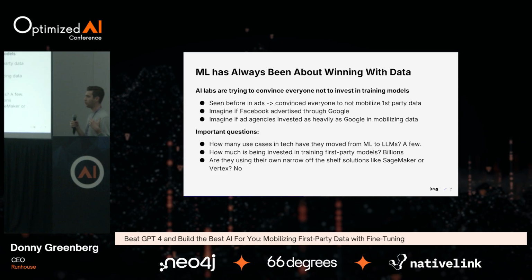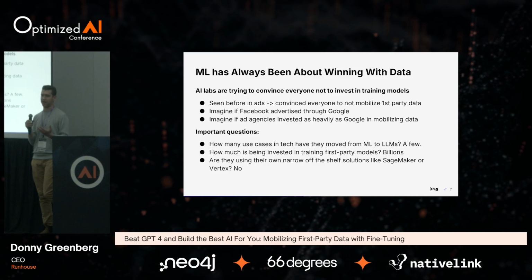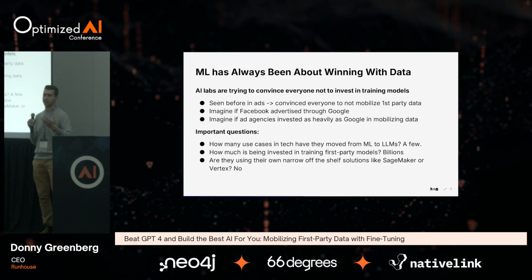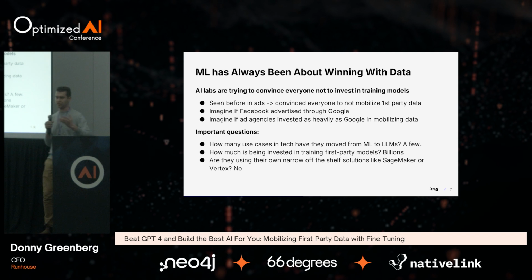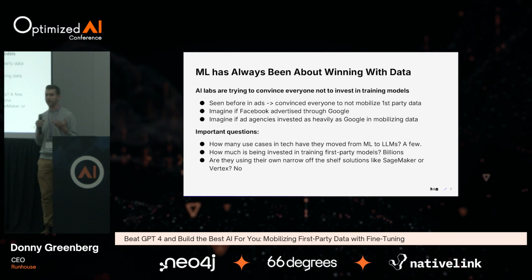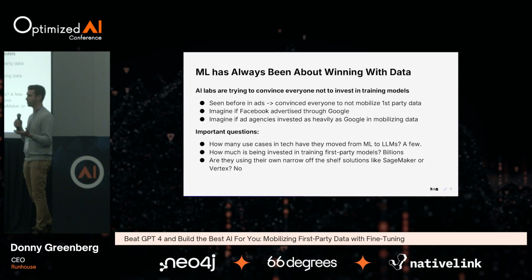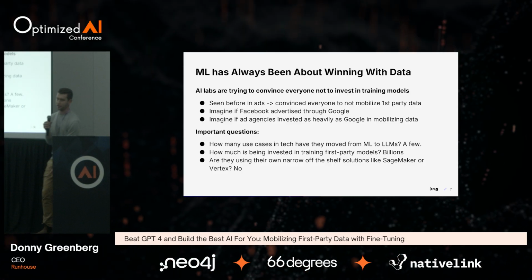And I think that when we talk to large enterprises, we see that this has really invaded the psyche of decision makers for AI organizations, whether they should invest in mobilizing their first party data at all, whether they should be investing in traditional ML or just essentially anything other than using models off the shelf. And the reason this is a concerning phenomenon is because we've seen this before in the ads ecosystem.